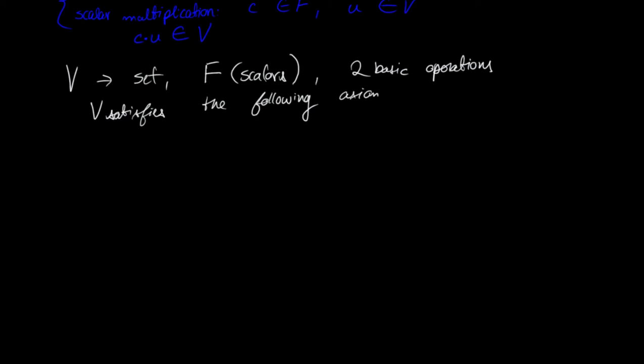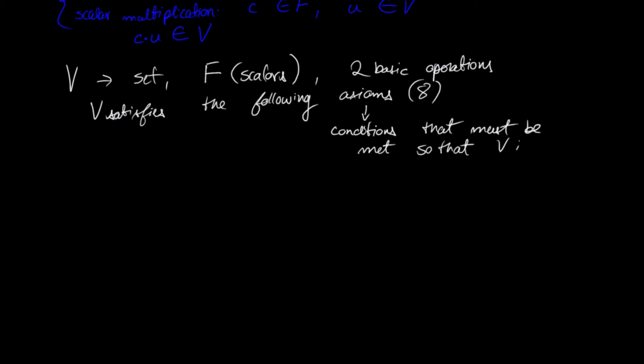Depending on which reference you use, there are from 5 to 8 axioms. Axioms are conditions that must be met so that V is a vector space.